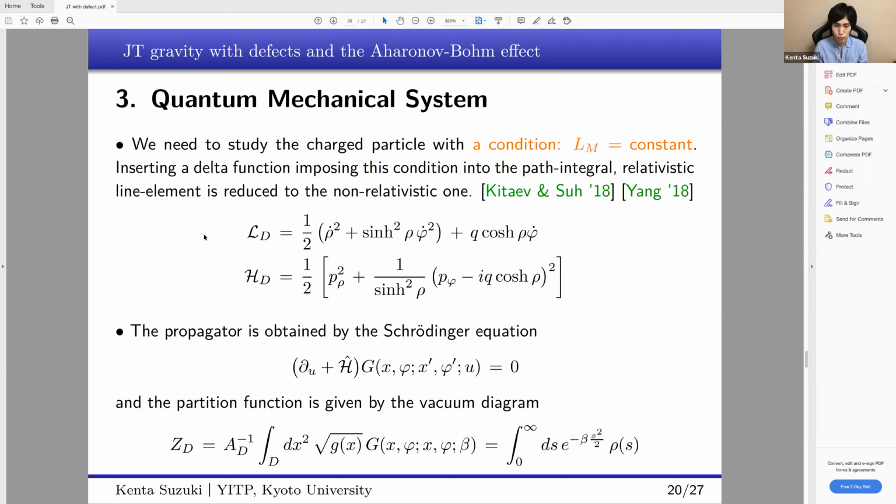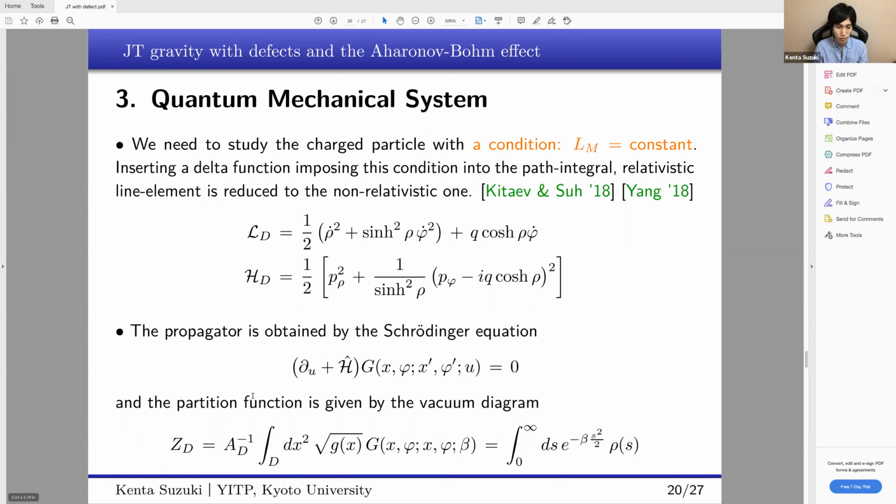So in order to solve this system, we would like to solve the Schrödinger equation, which satisfies this equation.